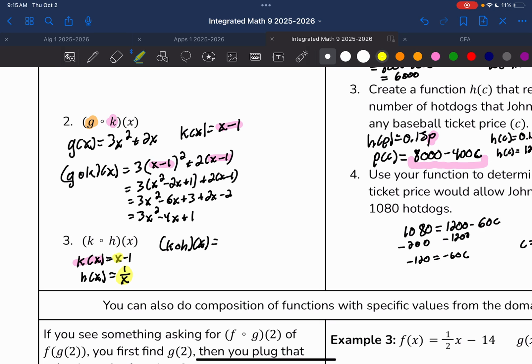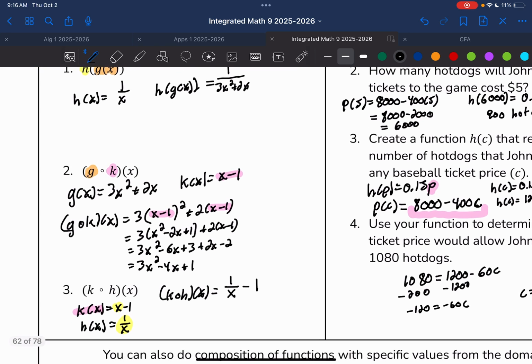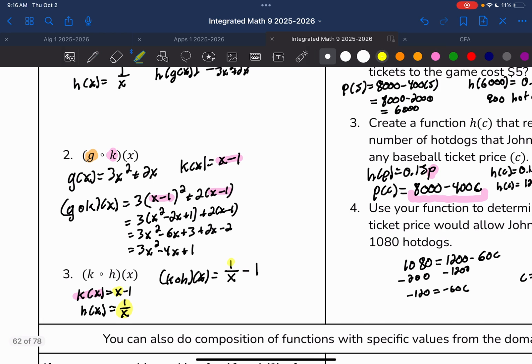Where we see the x in k of x, we're going to replace it with the function h of x. It's going to be 1 over x minus 1, right? Where 1 over x is h of x, and we've embedded it inside the function k of x, which is x minus 1.